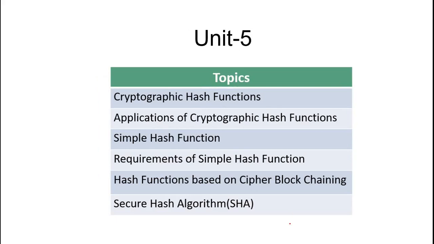Let's see what we have discussed before today. We have discussed unit number 5, cryptographic hash function and application of cryptographic hash function. At that time we started from the simple table. Whatever the key is used behind the simple table structure, we reduced it by using the hash table.